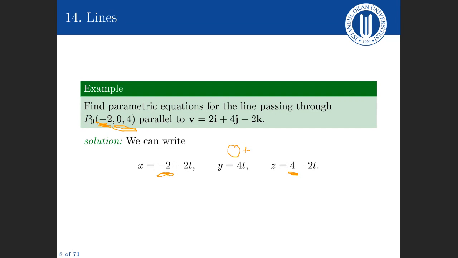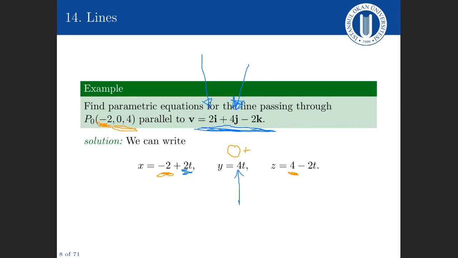Then we look at the vector, 2i plus 4j minus 2k. So let's look at the first number, the 2. That tells us in the equation for x, we must have plus 2t. The vector has plus 4j.